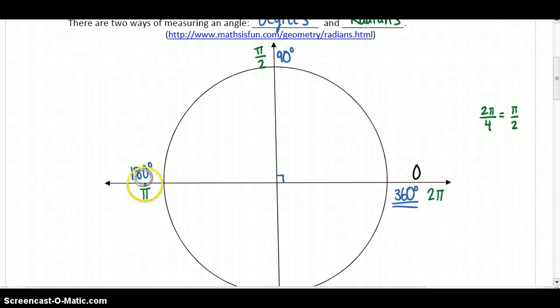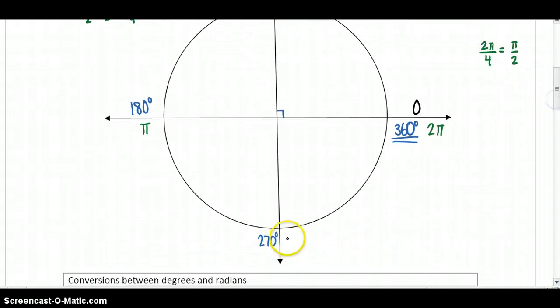If I add another pi over 2, remember pi over 2 plus pi over 2 gives us 2 pi over 2, which is just pi, right? So we end up at pi. And if I did that math again, I would end up with 3 pi over 2, or in other words, 3 halves pi. So 1.5 pi. That should make sense. It's half a pi, 1 pi, 1.5 pi, 2 pi.